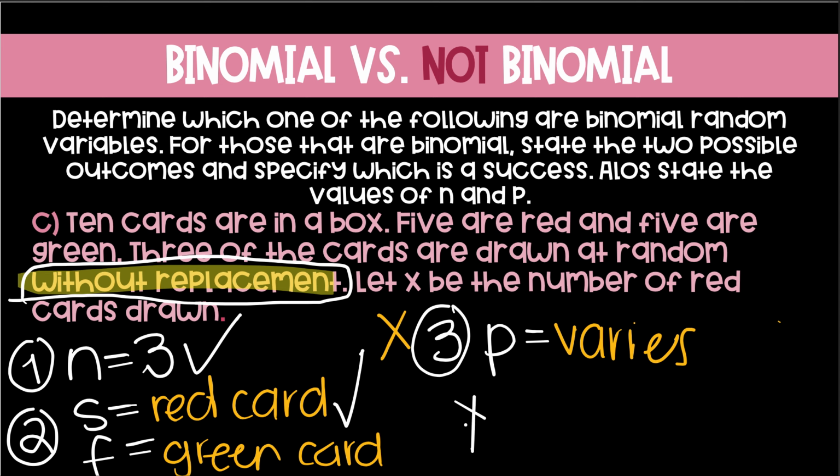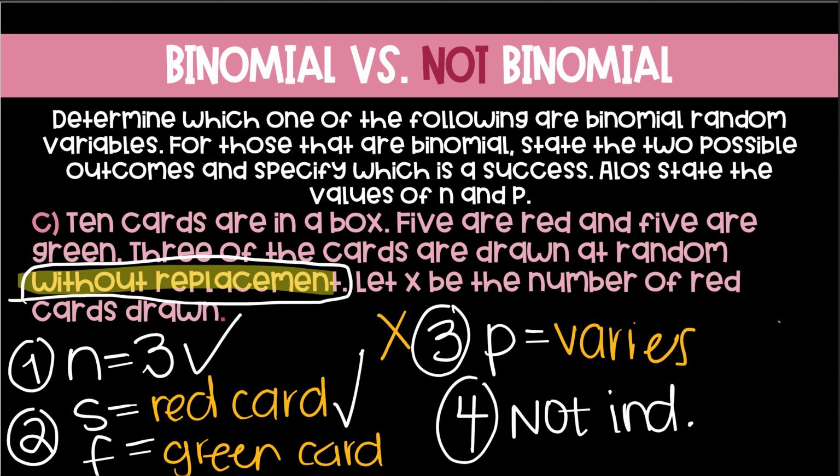And then our fourth condition. Are the events independent from each other? No, they're not independent. Every single time I draw a card, the number of cards left affects the next probabilities and also the following outcomes.